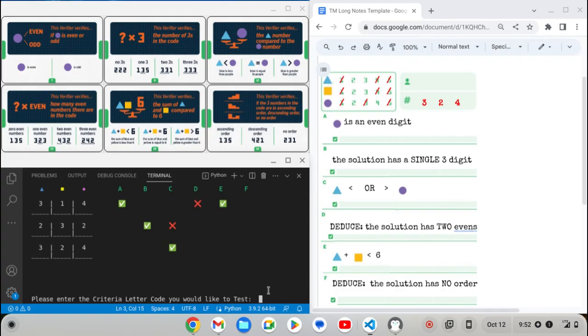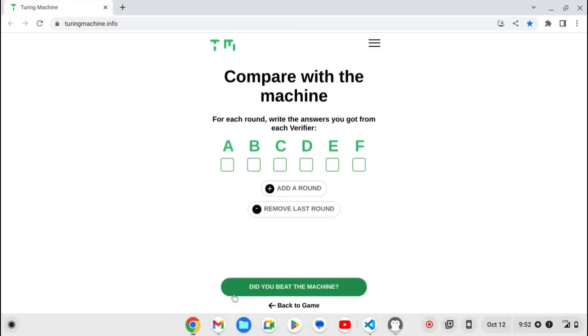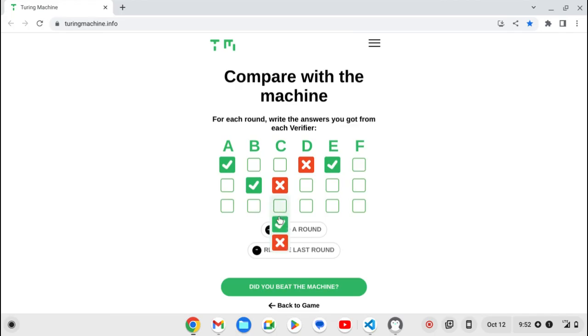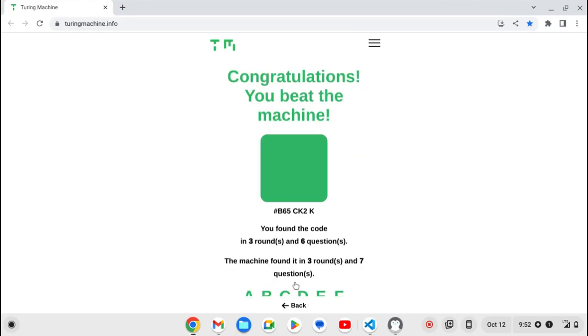We did ADE in the first round, and then we did BC in the second and retested C. So ADE, I believe A was correct, D was incorrect, and E was correct. And then we did B and C, and I believe C was incorrect. And then we retested C, and then it was finally correct.